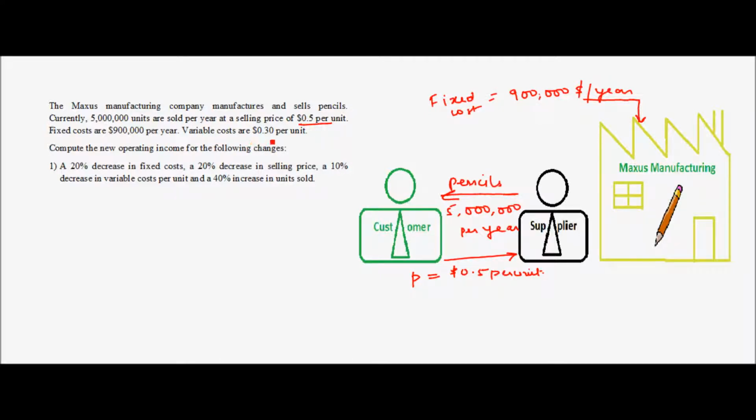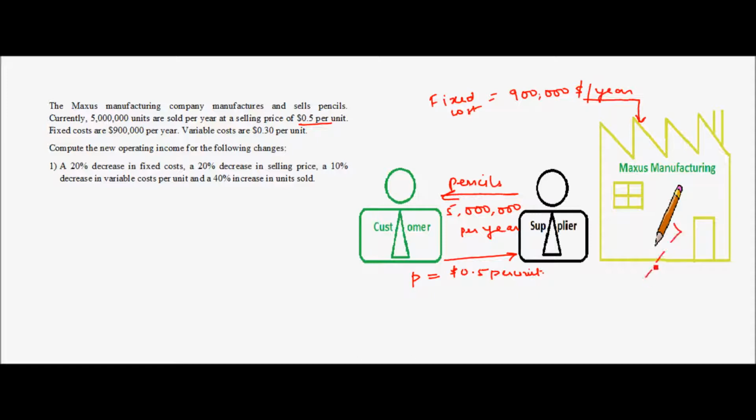And the variable cost is $0.3 per unit. Now, other than this fixed cost of the building, there is raw material and labor cost to manufacture this pencil, and that varies by the number of pencils that we are producing. That's why this is the variable cost.